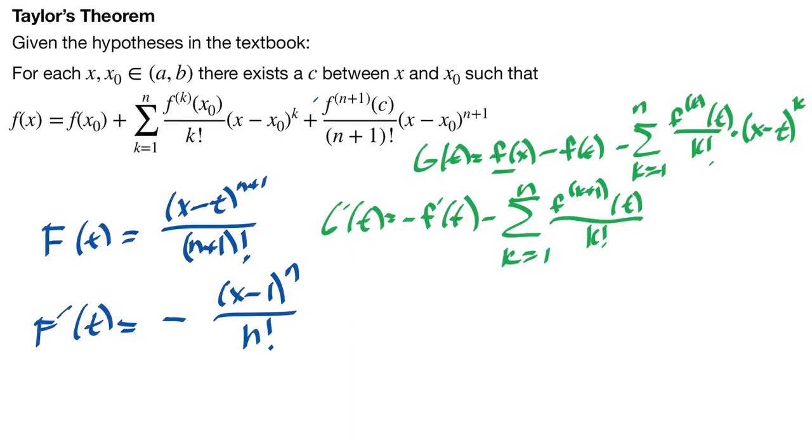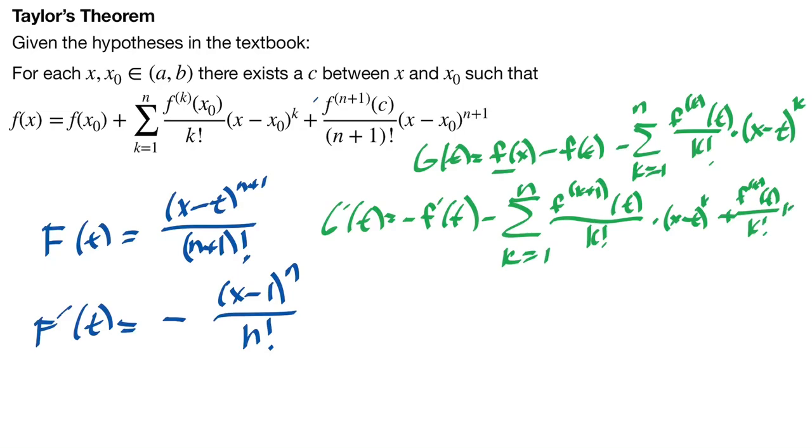But this isn't a power. This is how many derivatives you've taken. And if you've taken 10 derivatives of f and you take one more, then that's now the 11th derivative. So it's just k plus 1 times the second one, x minus t to the k, plus, and now we'll have that first derivative just as it is at t over k factorial.